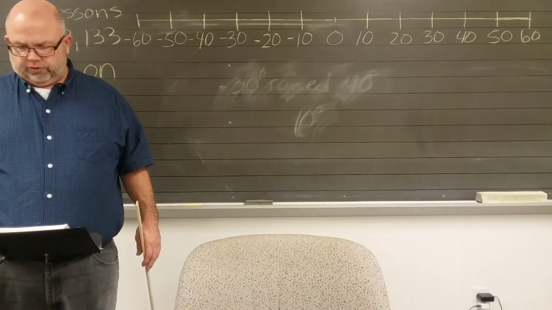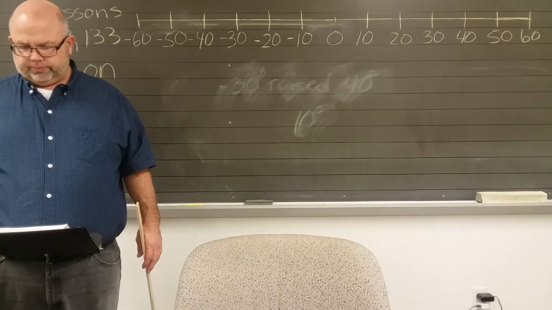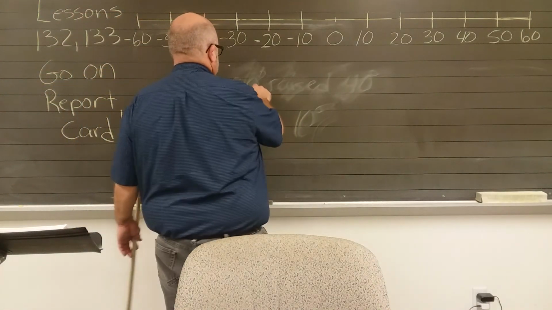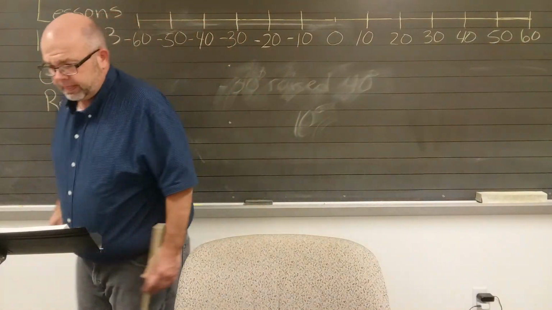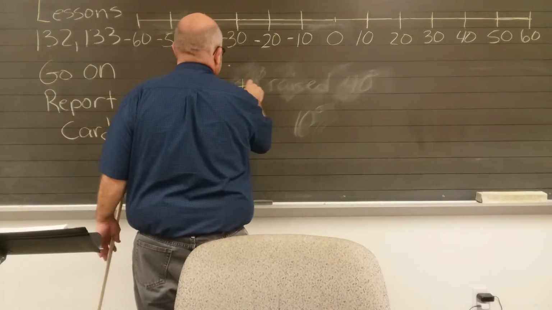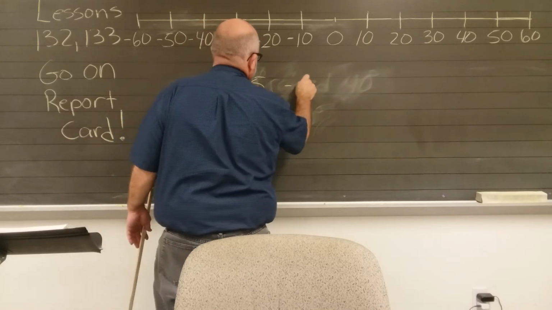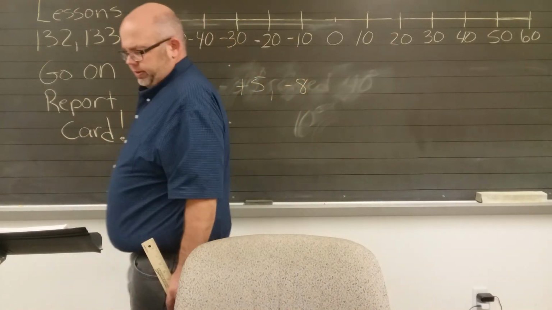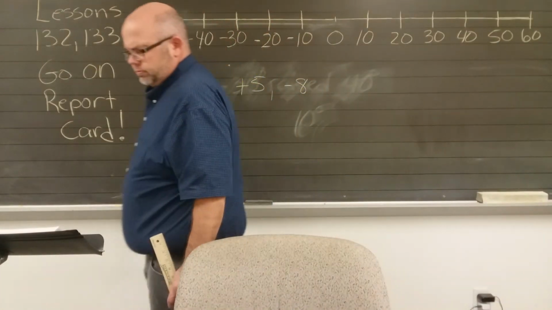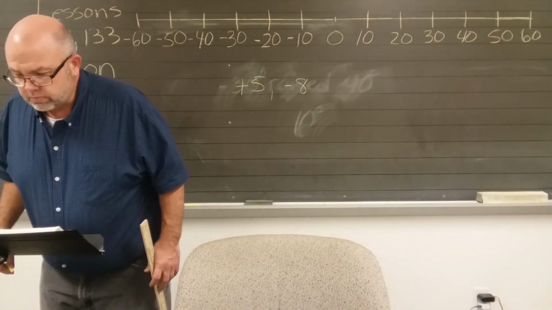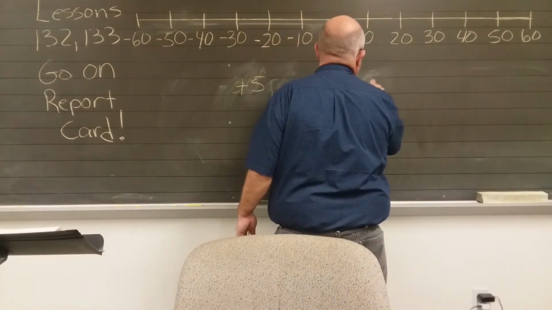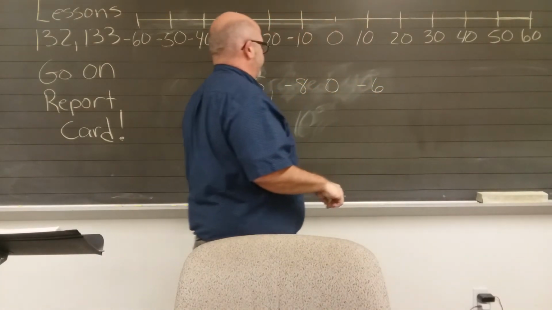So if it says write the numbers in order from smallest to largest. So number 6, I think it is, so you have plus 5, negative 8, 0, and negative 6.